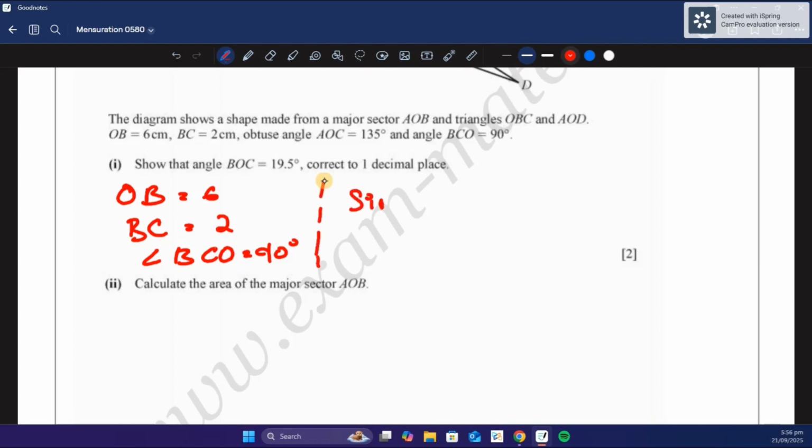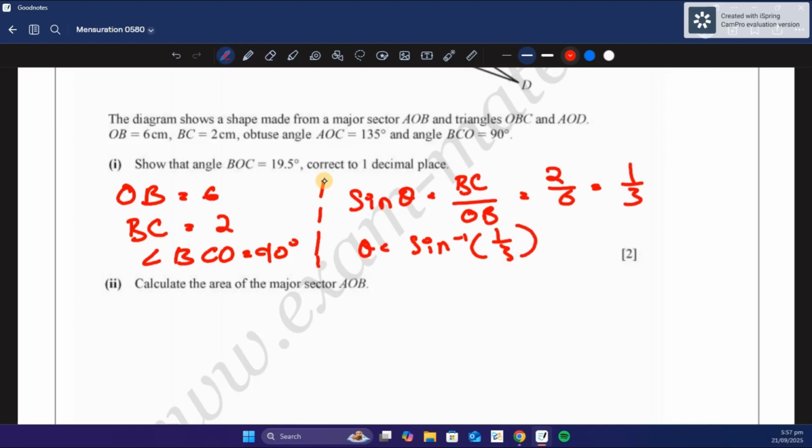Sine theta is equal to opposite over hypotenuse, which means BC over OB, which is 2 over 6, 1 over 3. Taking sine inverse of 1 over 3 would give us 19.4712, which is 19.5. Absolutely correct.